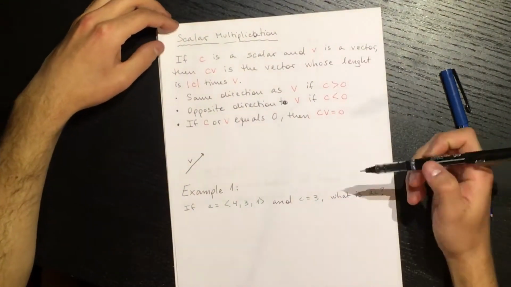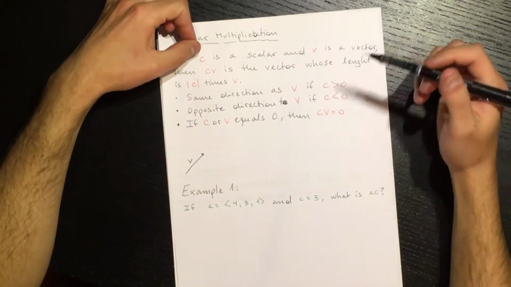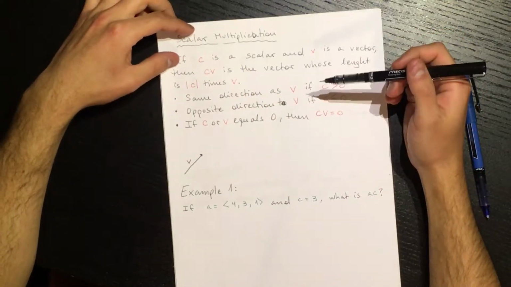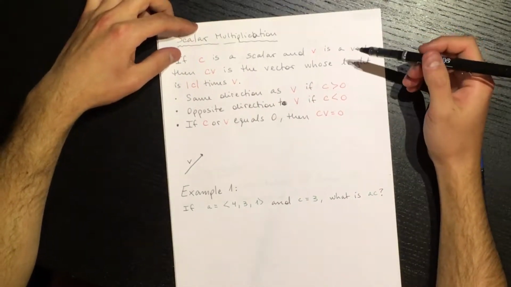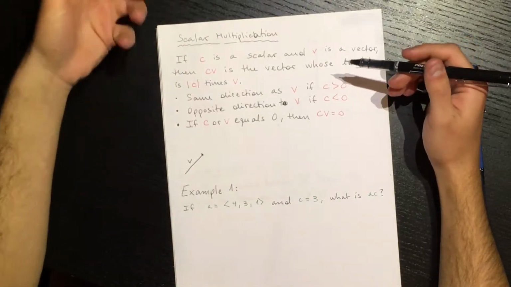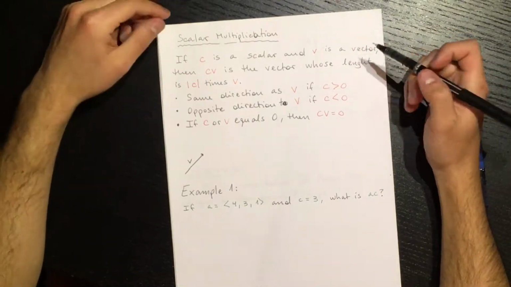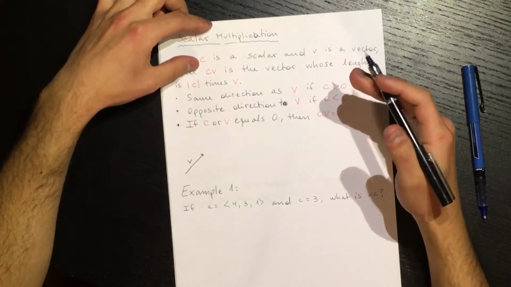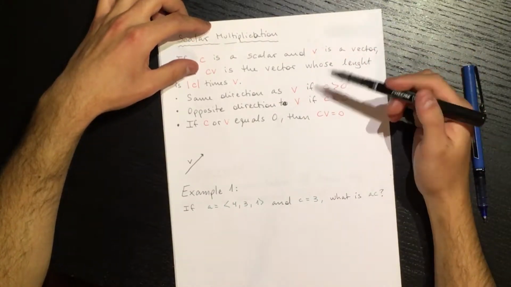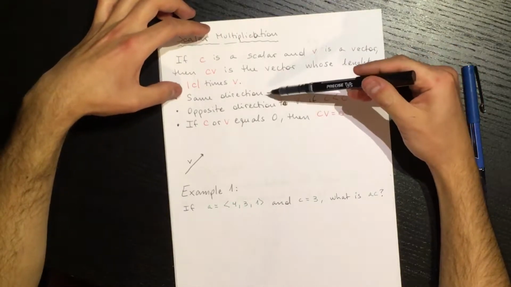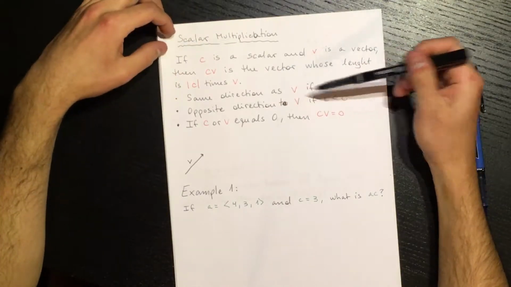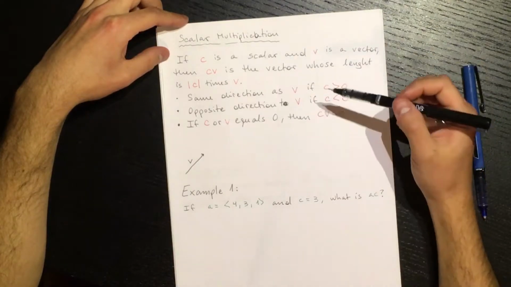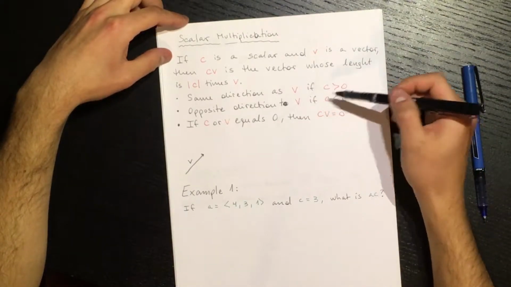Scalar multiplication. If C is a constant and V is a vector, then CV is the vector whose length is the magnitude of C, the constant positive number, times the vector V. So times each component of the vector. It's going to have the same direction as the vector V if C is positive, and the opposite direction of V if C is negative.